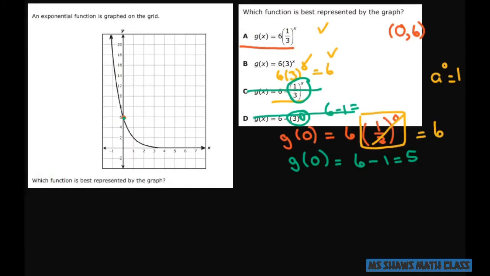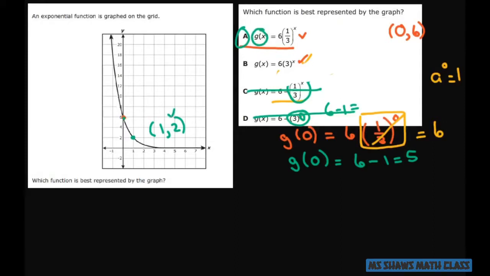Now, I need to check which one of these works. So I'm going to erase some of this over here. All right. I'm going to pick 2 more points. I know that this point right here is 1, 2. So let's try A and plug in 1, 2. So my g of x would be 2.